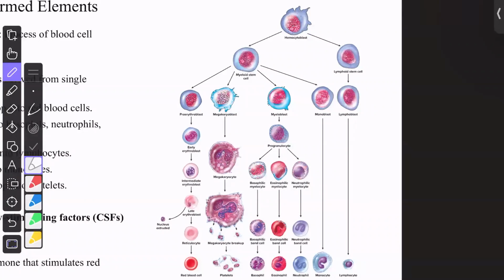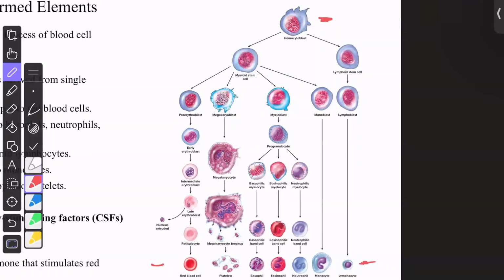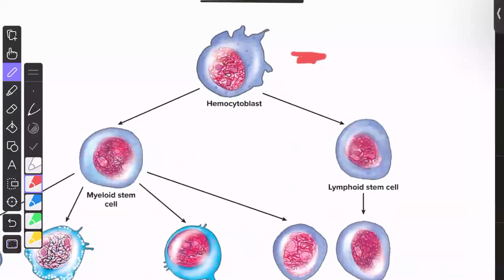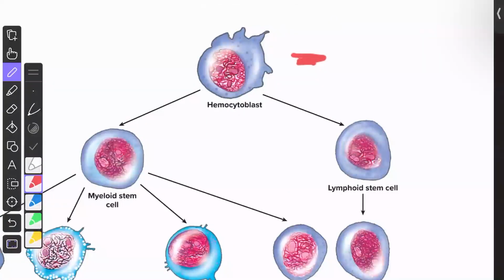The reason I say that is because you can trace each product, which is down here, back to a common ancestor with the other products, okay? So the end products are here. The starting cell that all of those end products come from is up here at the top. And that is your hemocytoblast. You need to know him.